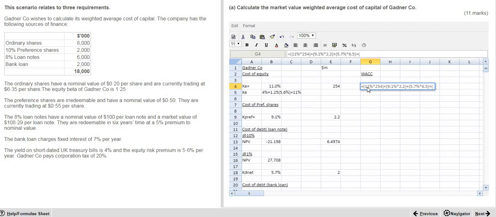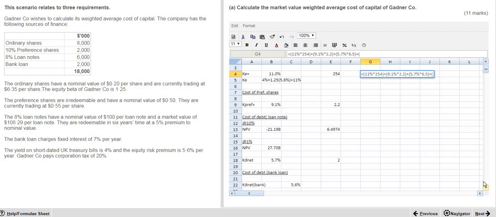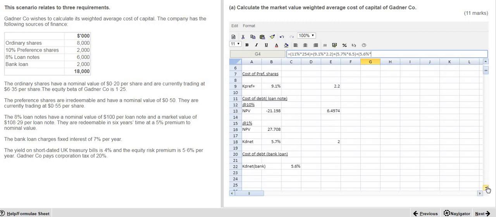So we have a bank loan. You see, bank loan was what? 5.6. Multiply by 2. You see, it's just the same thing. Bank loan is 2.